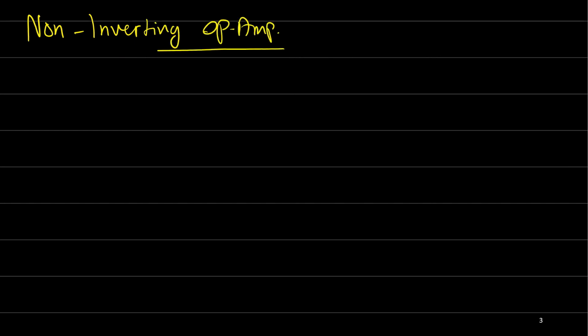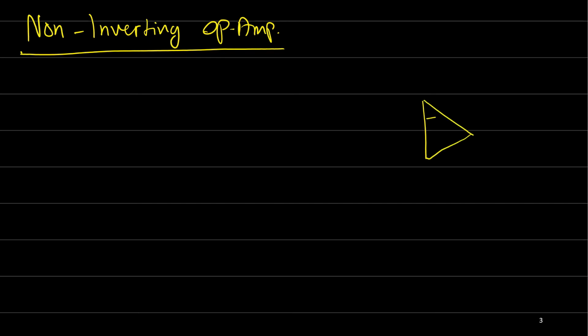Now let's try to use these rules, the voltage rule and the current rule, in order to find the gain of the non-inverting operational amplifier. So here we have the non-inverting operational amplifier. The non-inverting operational amplifier, by definition, the circuit is like this.